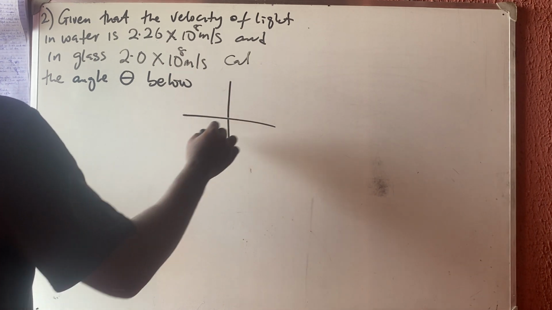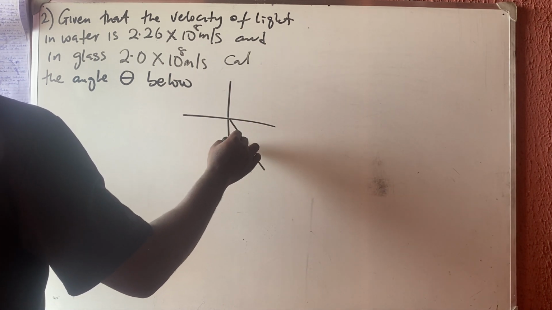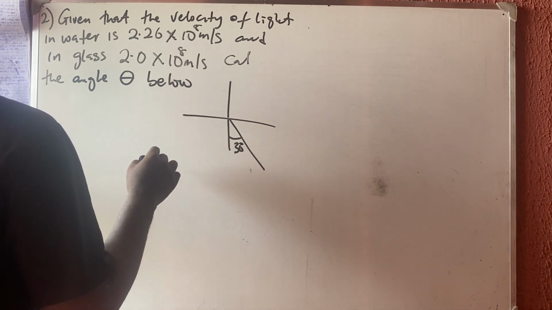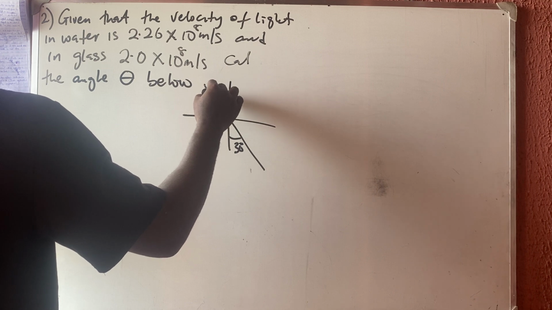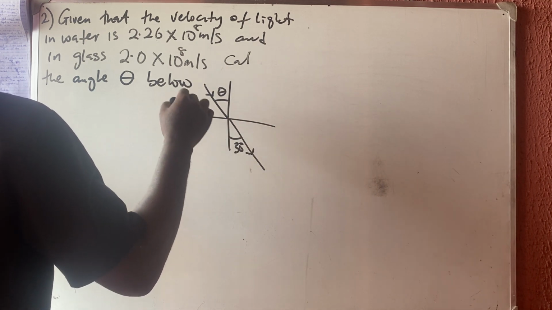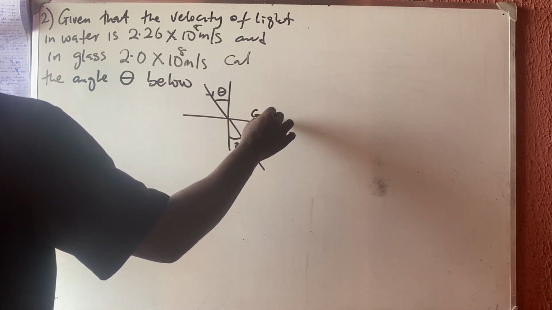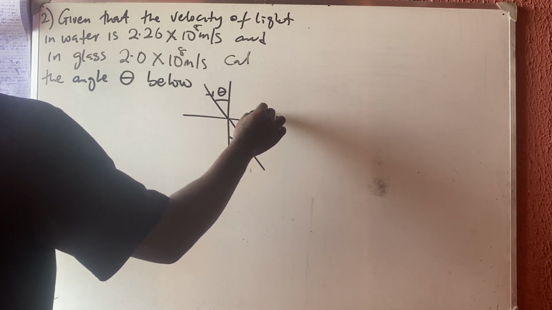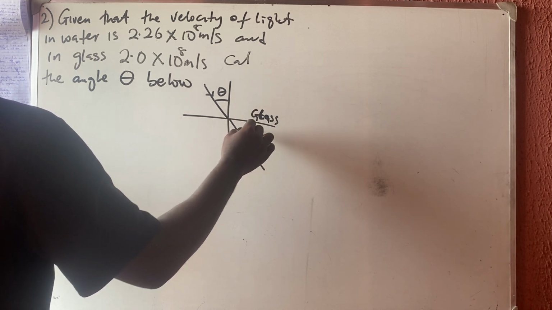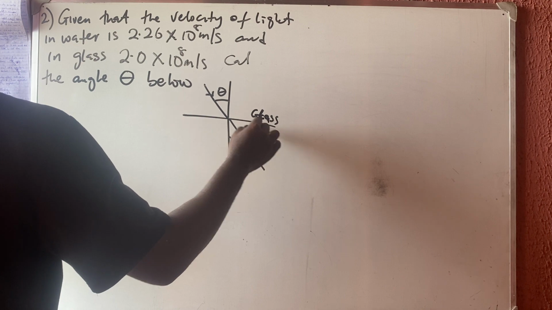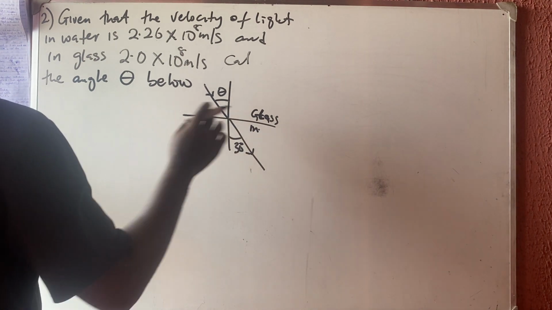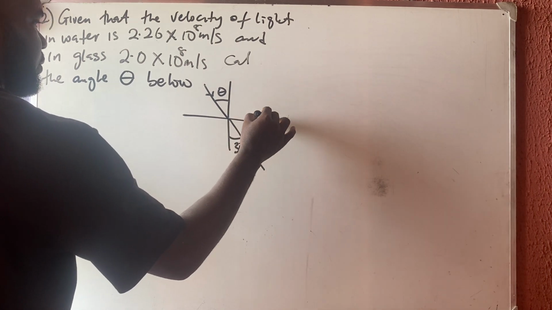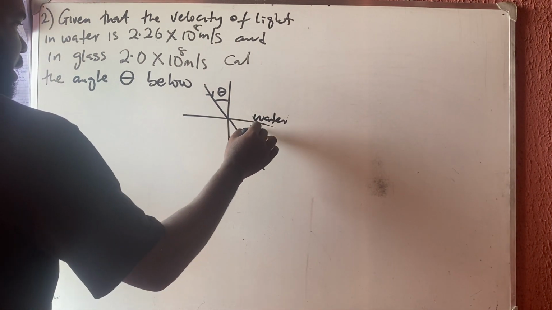They drew this: here is 30 degrees, and here is theta, and it is coming this way. Then here is my glass, and here is water. Water and glass.